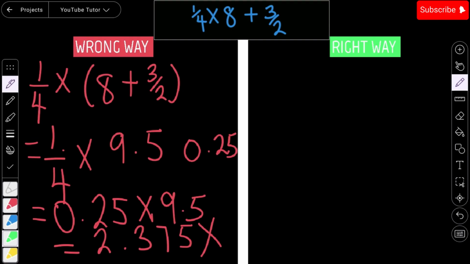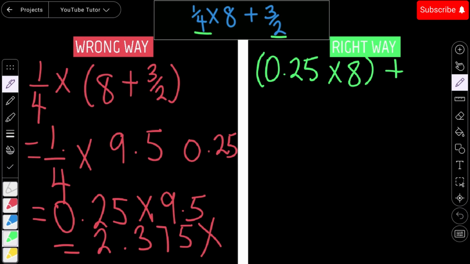Now, I said 1 over 4 is 0.25. So we change it right away to decimal. So 0.25. Then, now we multiply it by the 8. Now we change 3 over 2. 3 over 2 is also 1.5 in decimal. Then we add it.